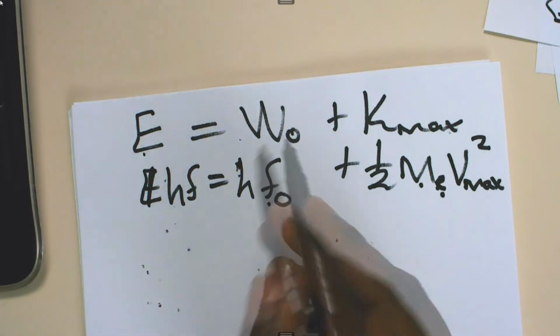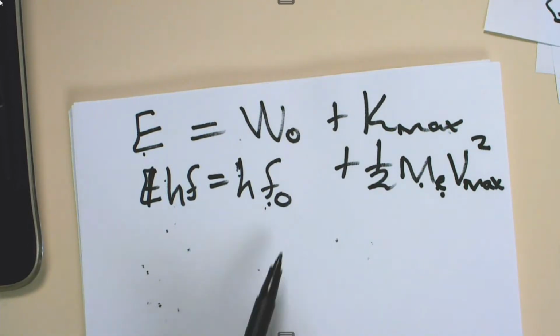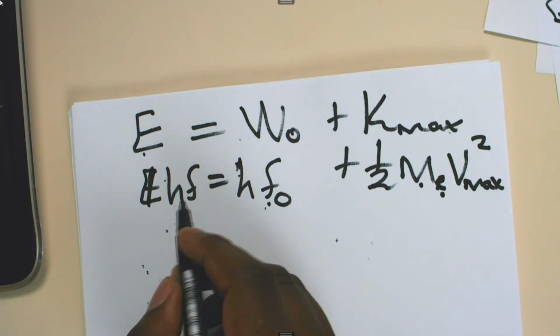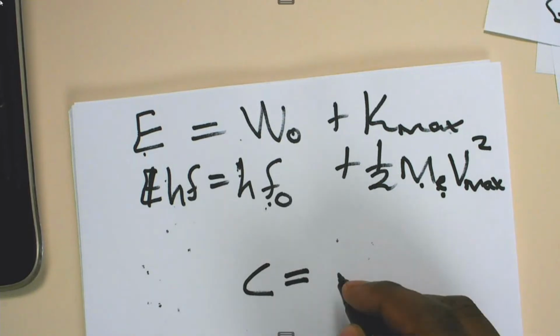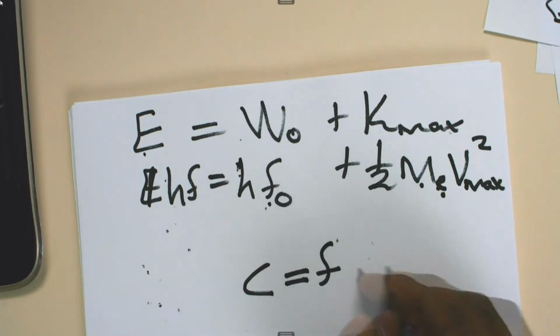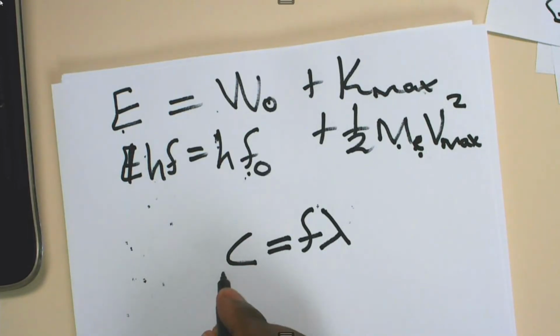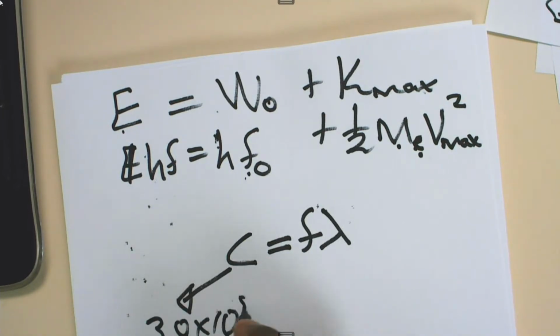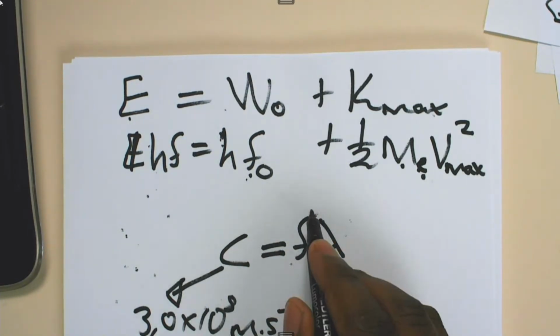So sometimes we might need to express this with the wavelength. If we do that, we know we have a formula where speed of light is given by frequency multiplied by wavelength. Because we are dealing with light here, the speed of light is 3.0 times 10 to the power 8 meters per second. And then here we have the frequency and the wavelength.